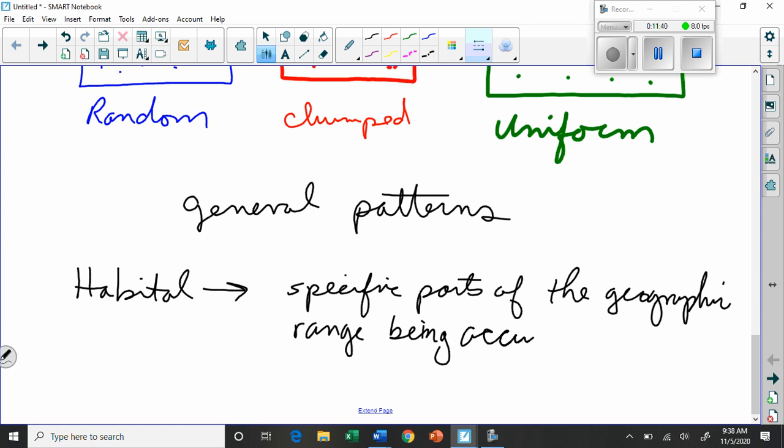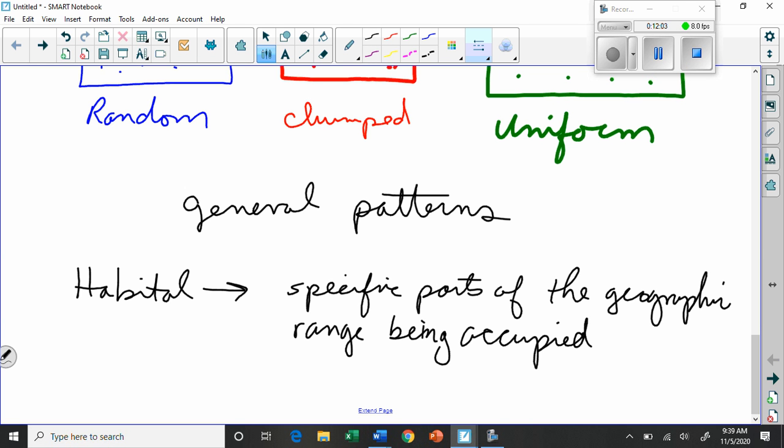So, for instance, if I go back to my example about the yellow warbler, we said that the geographic range was that blue section all over North America. I'll go up there in a second when you're finished copying that down. But the individual habitats within that range are where the yellow warbler actually lives. For instance, a marshy area around the tip of a Great Lake or something like that.